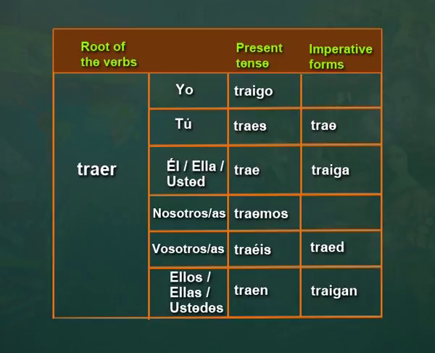Traigo, traes, trae, traemos, traéis, traen. So, the imperative of traer is trae, traiga, traed, traigan. I hope you got a hang of the imperatives.